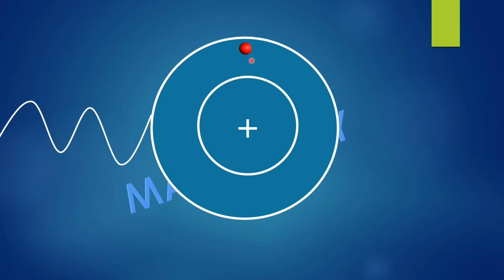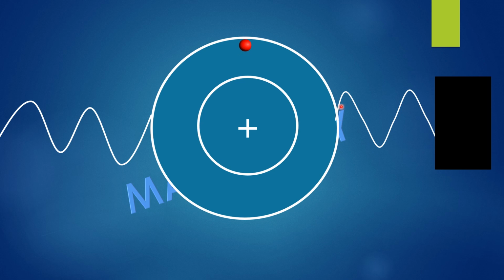When it is coming back to its original ground state, the difference in the energies, E2 minus E1, is radiated in the form of electromagnetic radiation. Observe this carefully.